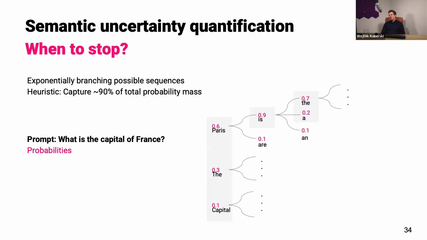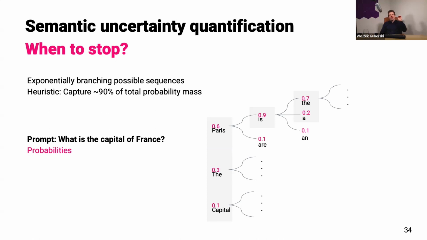Now, how does it work? Basically, we're going to take the first answer and find all the possible paths through the tree that yield a semantically equivalent answer. Then we're going to treat the probability, the sum of those possible paths through the tree, as equivalent.